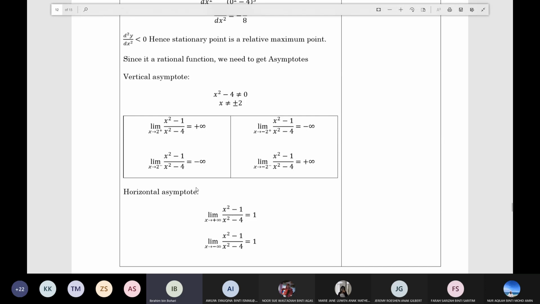Okay, first step, find the vertical asymptote of the rational function. This one is your step 1. And step 2 here, find the horizontal asymptote. Same as in the video. Okay. Okay, check first.